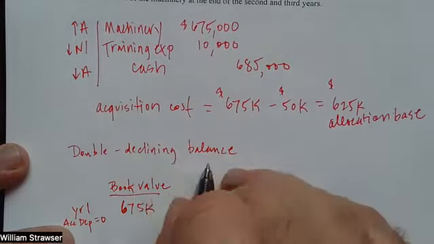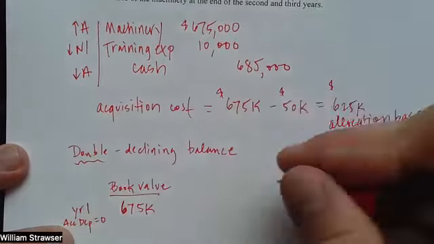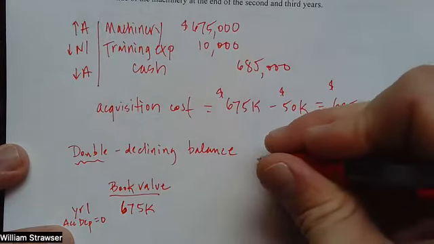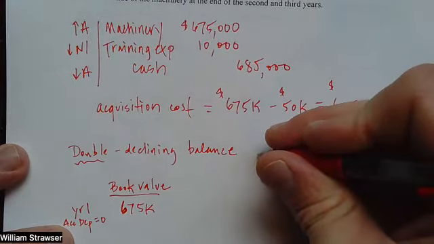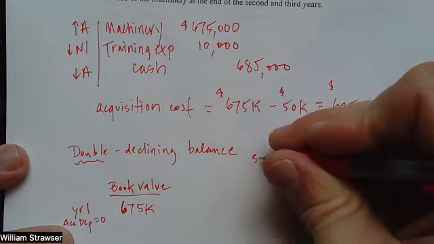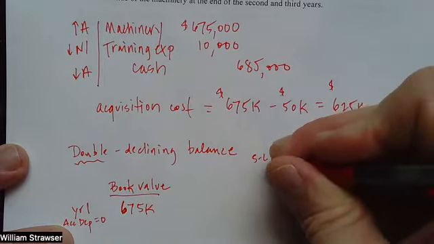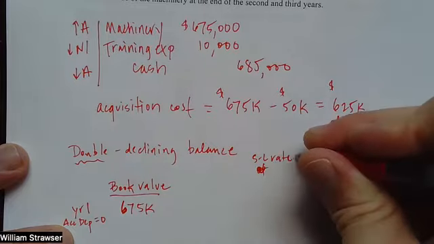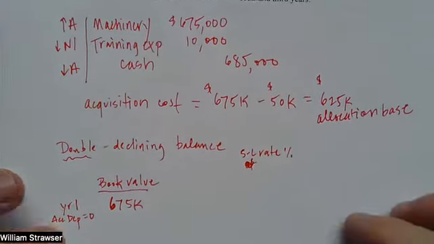Now, what makes it double declining balance is that the declining balance method asks what is the straight line rate expressed as a percent.